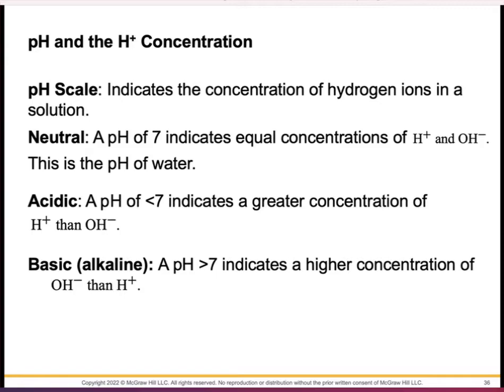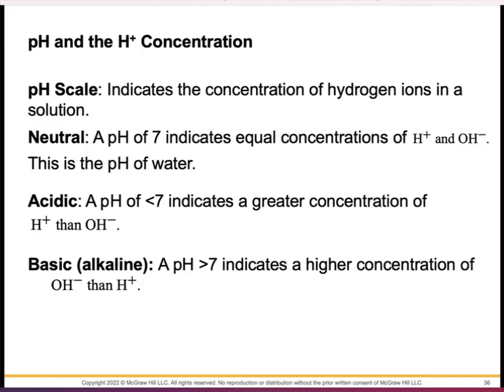Here are the definitions of the terms that we have discussed thus far. The pH scale indicates the concentration of hydrogen ions in a solution. Neutral is when we have a pH of 7. It indicates equal concentrations of hydrogen ions as well as hydroxyl ions. This is the pH of pure water, like we said before.